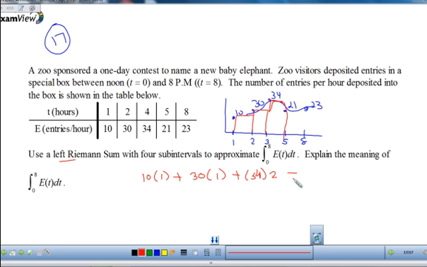And then the last one is going to have a height of 21 and a base of 3. So if you add these all together, you get 167 entries. And then the second question asks, what does that mean in the context of the problem? So from noon to 8, about 167 entries were deposited into the box.